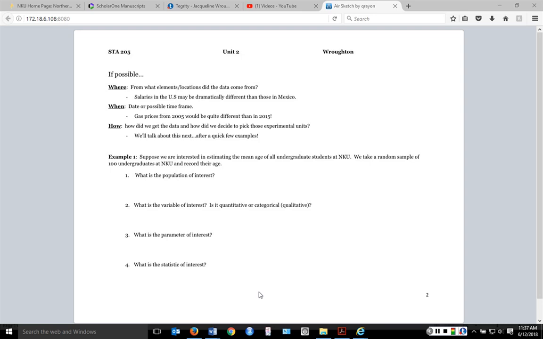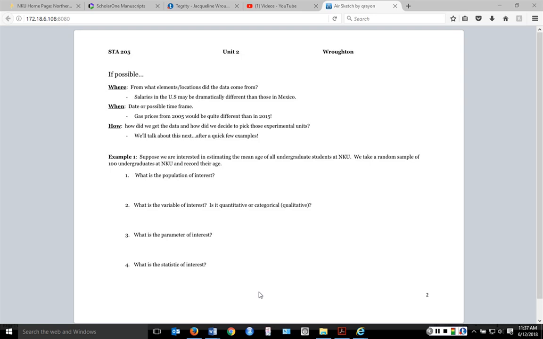So I'd like to know when the data was collected, if possible. And finally, I'd like to know, how did they get the data? So not only how did I get the data, for example, from the person or from a computer database, but also how did I pick those specific people or elements to be in my sample.